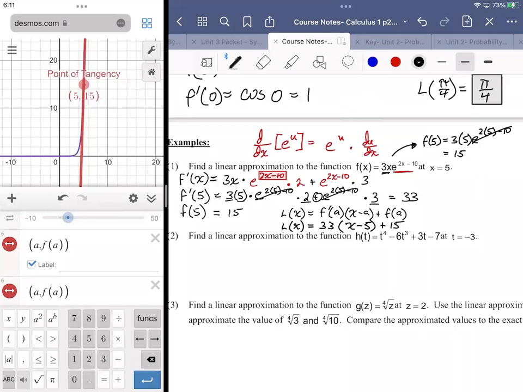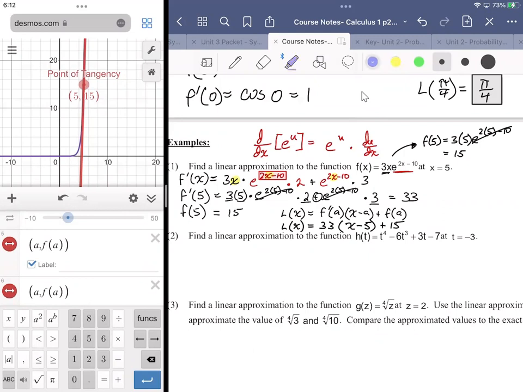All right. So the 33, we get that one of two ways. One way would be just by typing in f prime of 5 in the calculator. The other way would be to replace all the x's in my derivative with a 5. All right, so every instance in which I put the 5 in for the x in the exponent gave me a 0 as a result. 2 times 5 is 10, minus 10 is equal to 0.